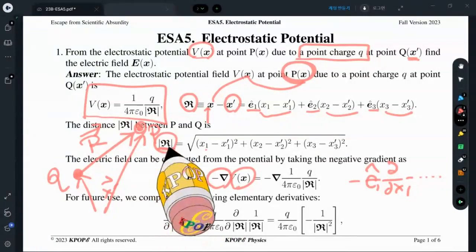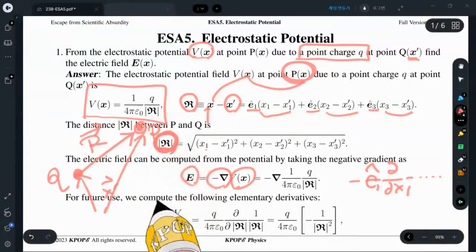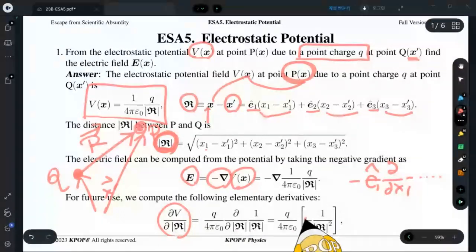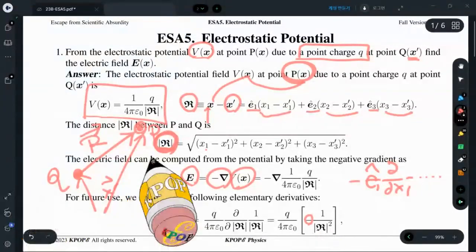First, we want to find a simple formula for the derivative of the potential with respect to this scalar instead of each coordinate. It is a function of 1 over r. Its derivative with respect to the same variable is a trivial 1 over distance squared, with the negative sign on it.